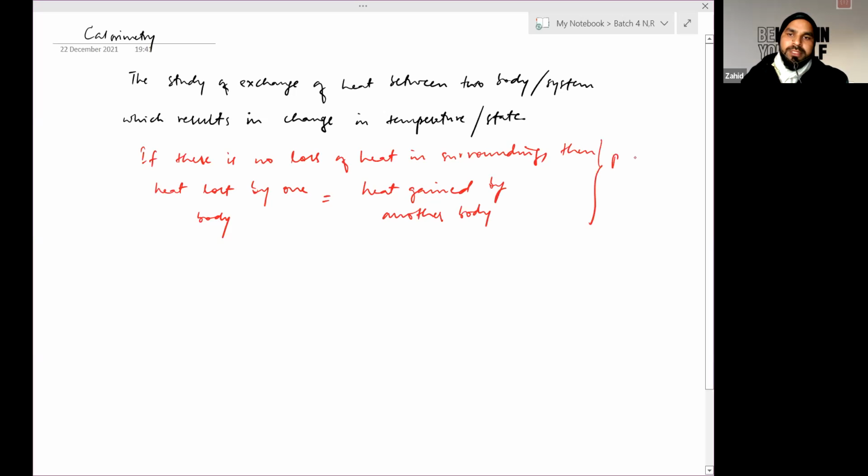This is called the principle of calorimetry, according to conservation of energy.